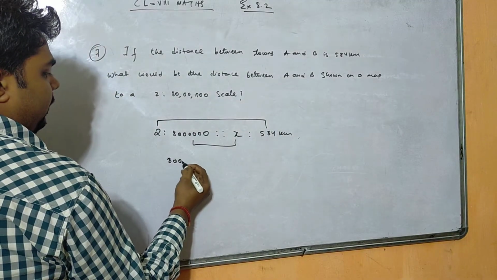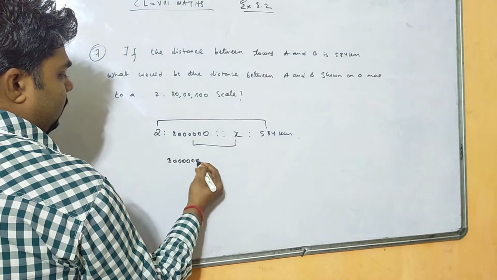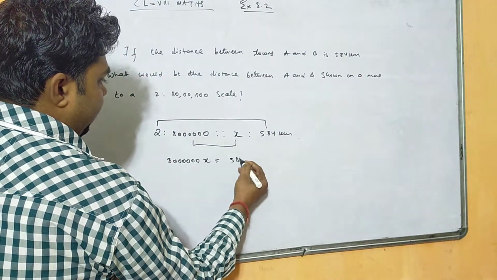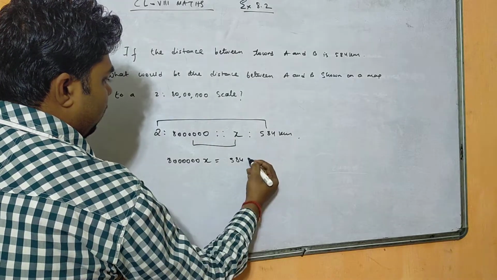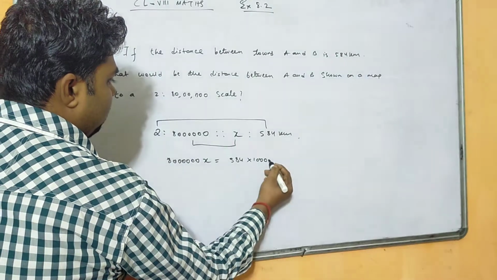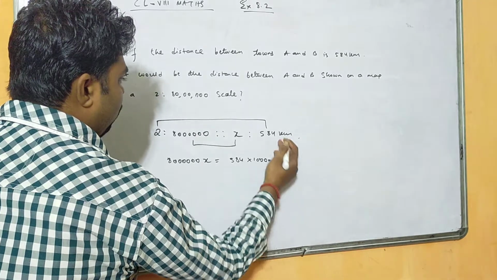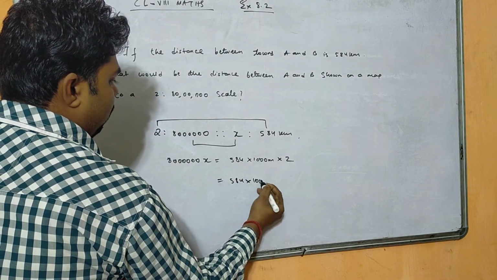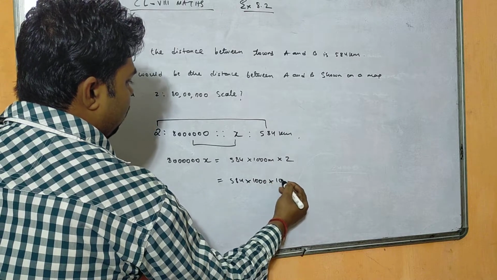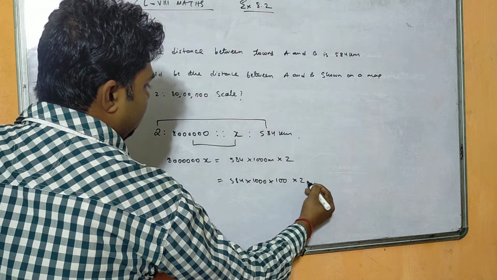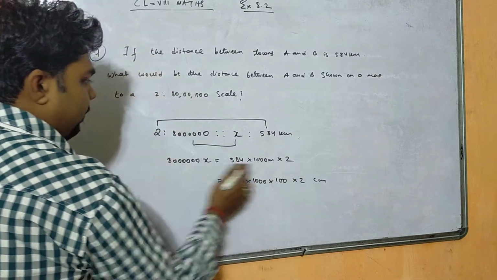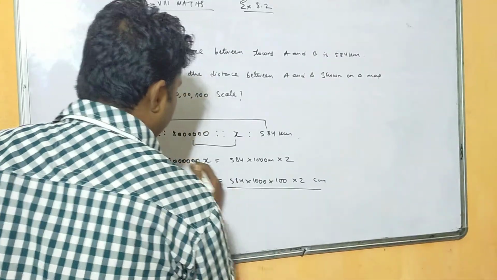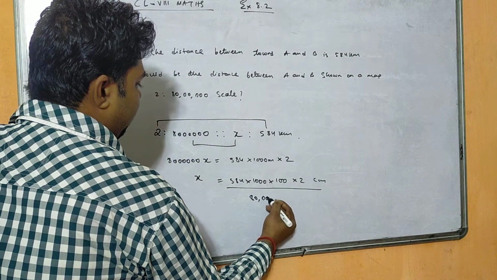So 80 lakh x equals 584 kilometer into 2. Now 1 kilometer equals 1000 meter, and 584 into 1000 into 1 meter equals 100 centimeter, because I have to denote it in terms of centimeter here. So x, this 80 lakh will be coming down.